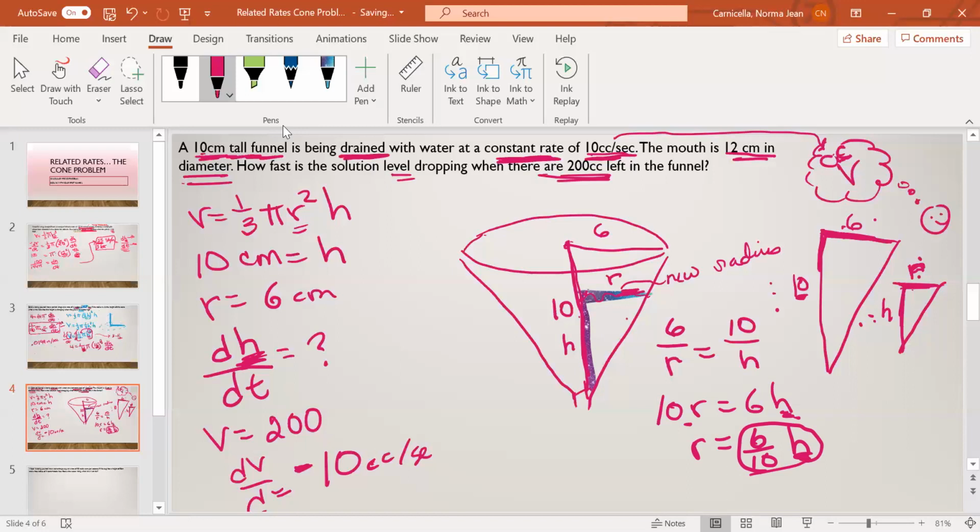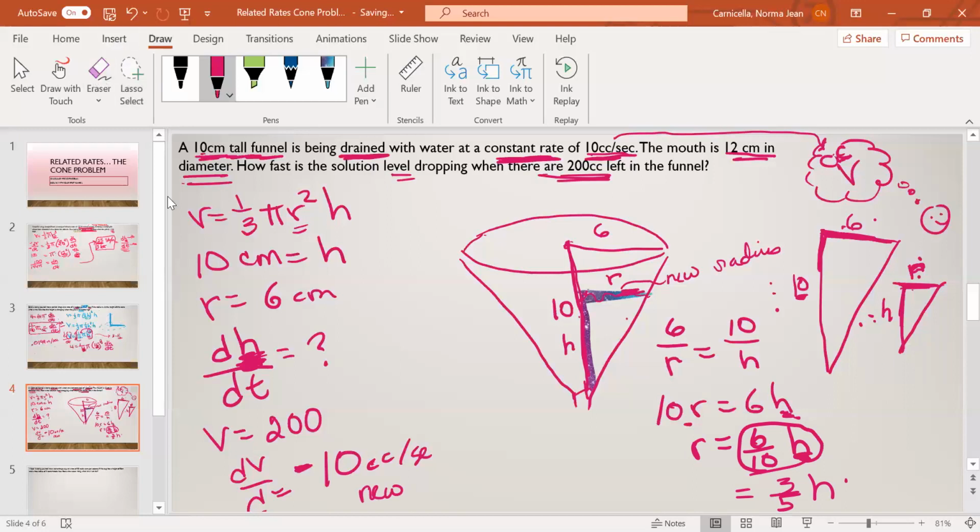So the idea is to get it in terms of H. And that reduces to 3/5 H. So the new R is equal to 3/5 H.